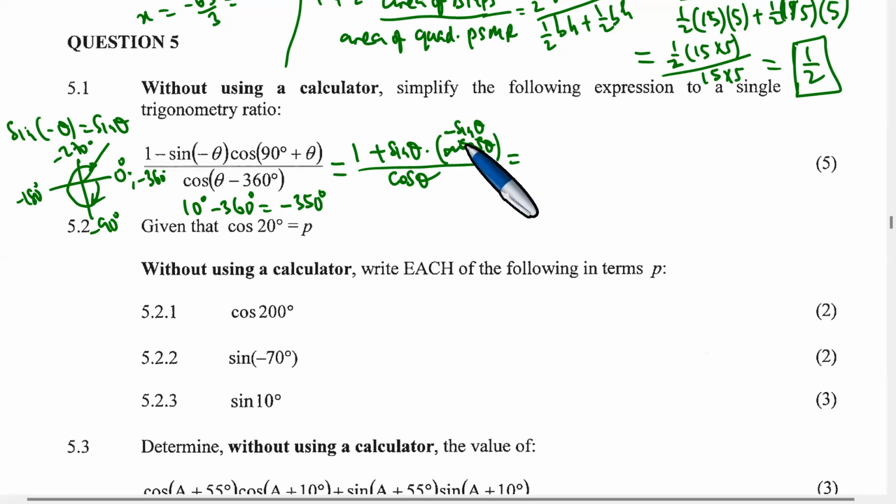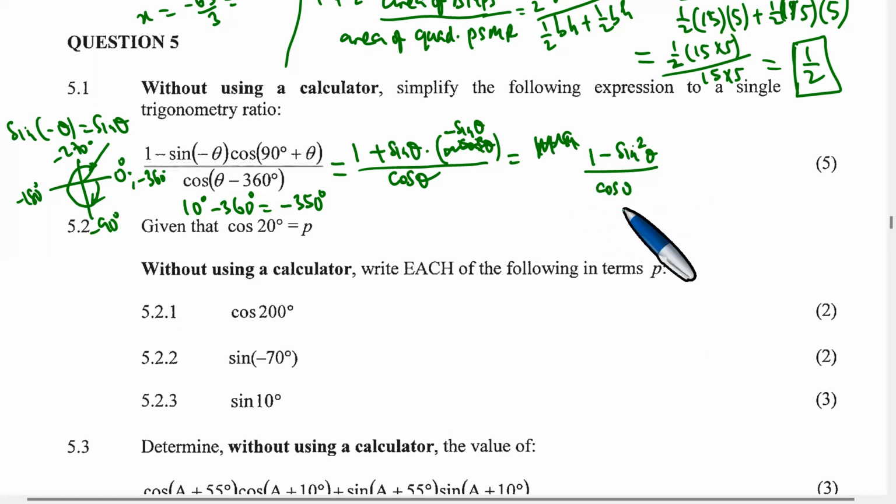So 1 plus sine squared theta... it's going to be positive times negative, which is a big negative. So that becomes 1 minus sine squared theta divided by cosine theta.